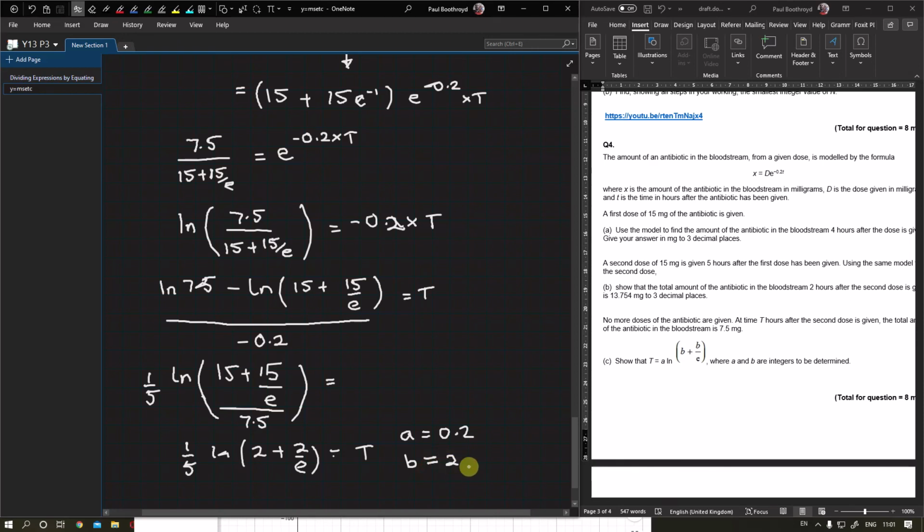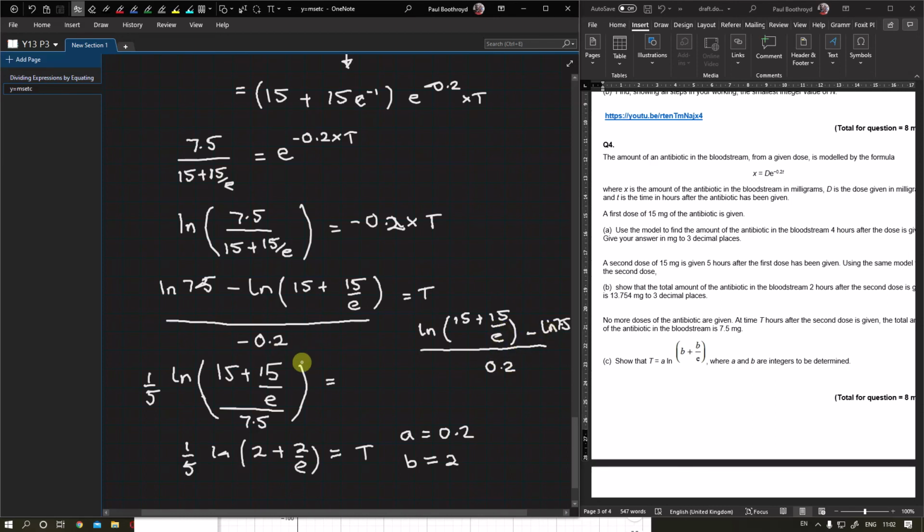And a and b are integers to be determined. They've been determined. 0.2. So this part here, this two steps, some people might be slightly wondering what was happening. We're cancelling the minuses. So we get ln of 15 plus 15e minus ln of 7.5, divided by 0.2.